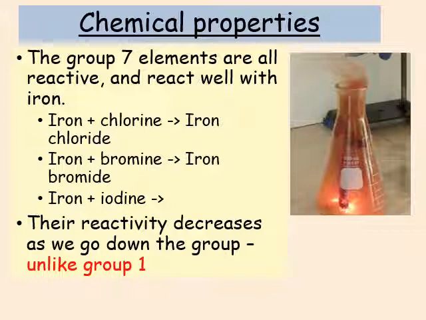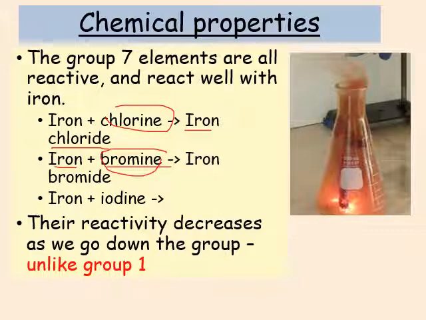Now, chemical properties. The group 7 elements are all really reactive, and they react well with iron. So iron and chlorine makes iron chloride. Iron and bromine, remember chlorine and bromine are halogens, both of them react really well with iron.